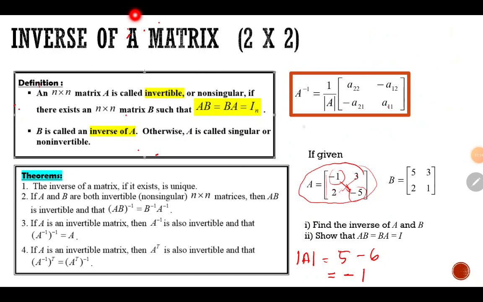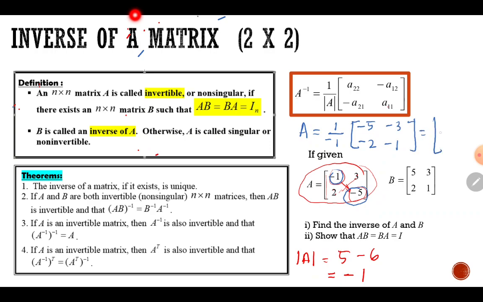So from here, A inverse equals 1 divided by negative 1. And then the positions we just have to interchange. Negative 5 goes to the front, so it goes up, negative 5 goes up, and negative 1 goes down. And then 2 becomes negative, put a negative in front, and 3 also becomes negative. So what is the answer?